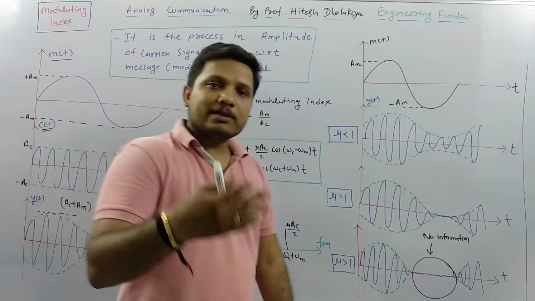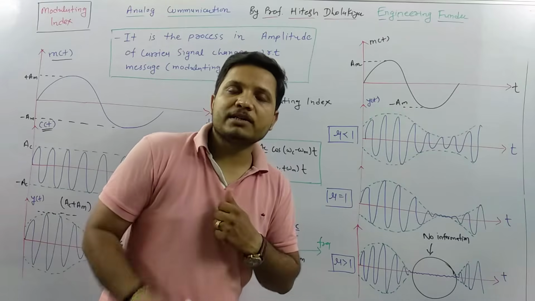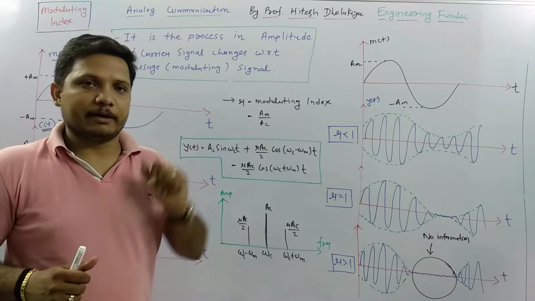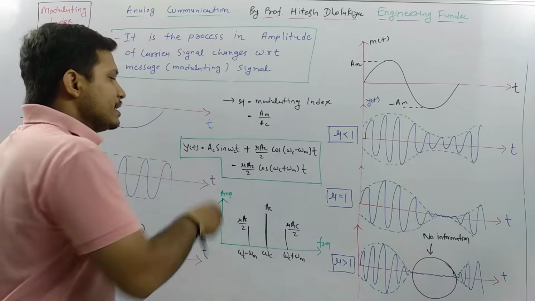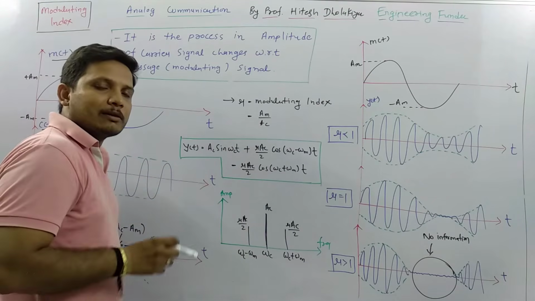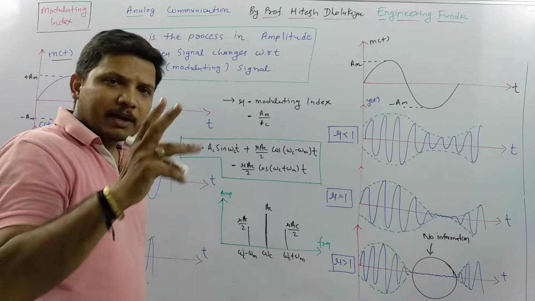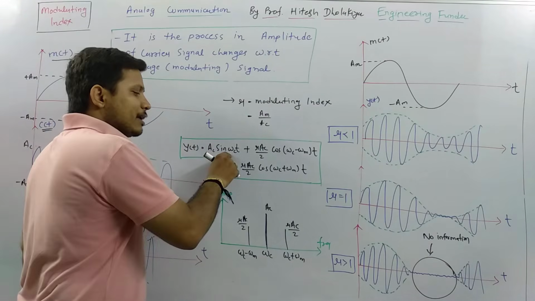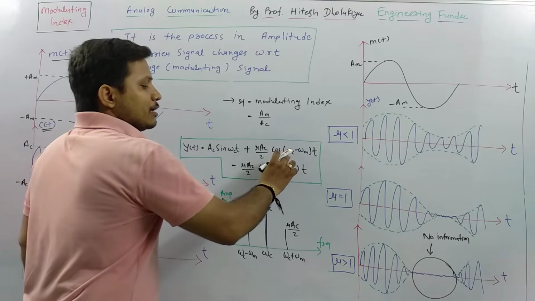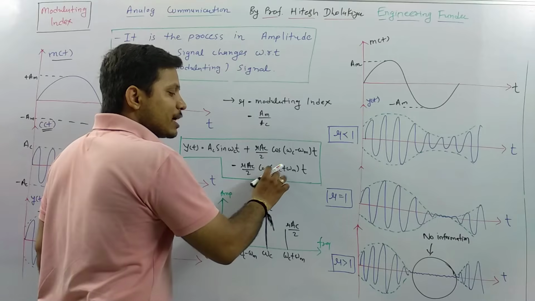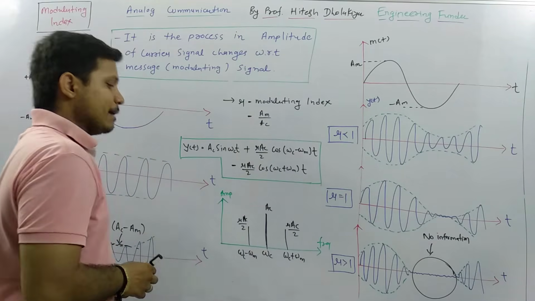Now see, in the next session I'll be solving examples based on amplitude modulation. So what things do you need to keep in mind? First is this basic equation. It should be clear to all. In an AM signal there are three frequency components: carrier omega c, lower sideband omega c minus omega m, and upper sideband omega c plus omega m.